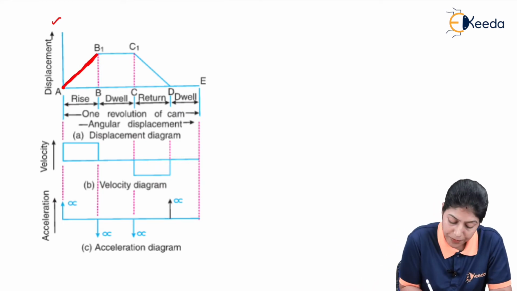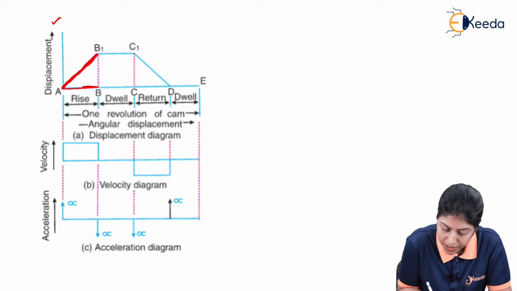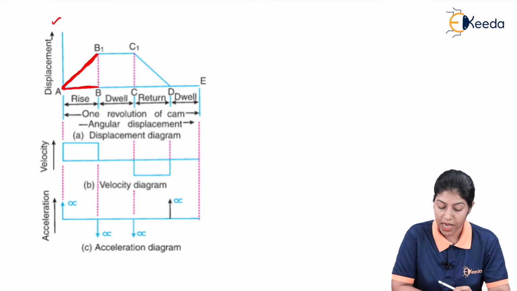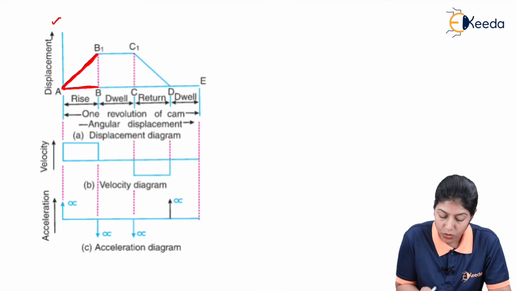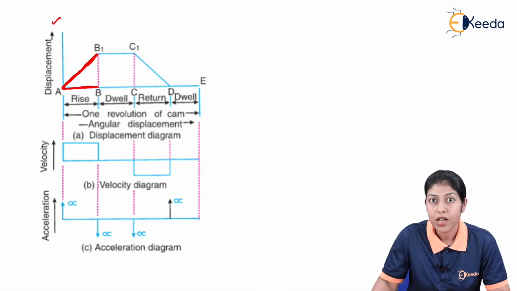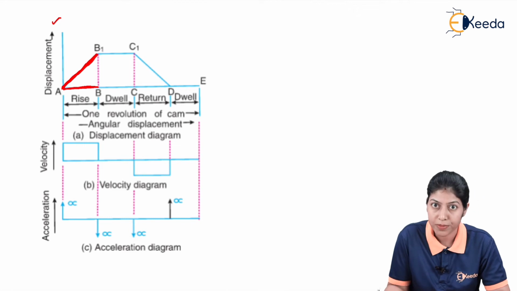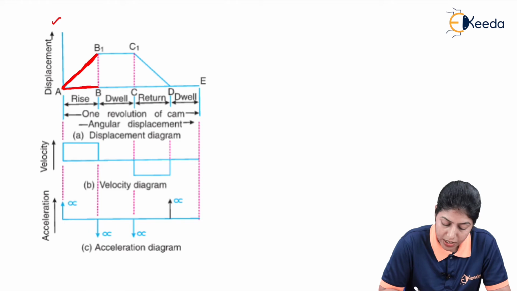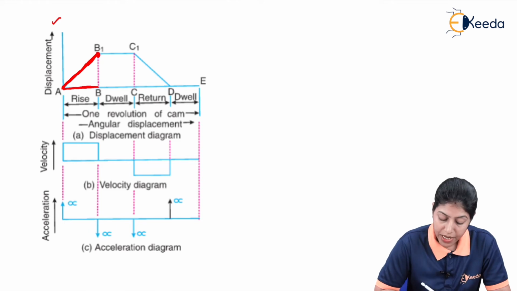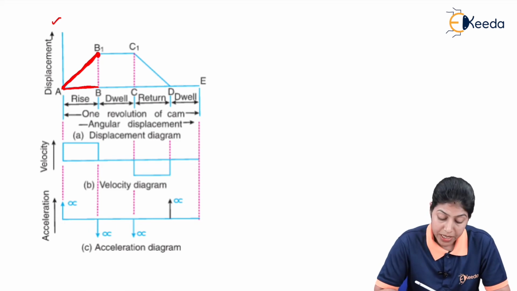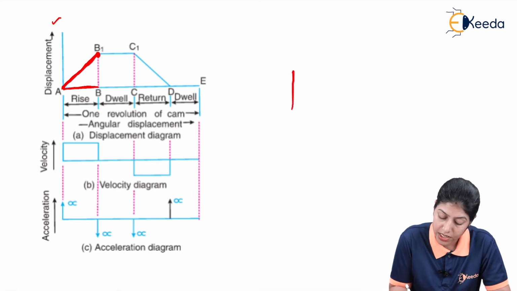So here you can see this AB is representing the angular displacement of the cam or time required to complete that particular rotation of the cam. It is represented by AB, and this AB1 is representing the displacement of the follower. Displacement is continuously increasing because distance is continuously increasing.